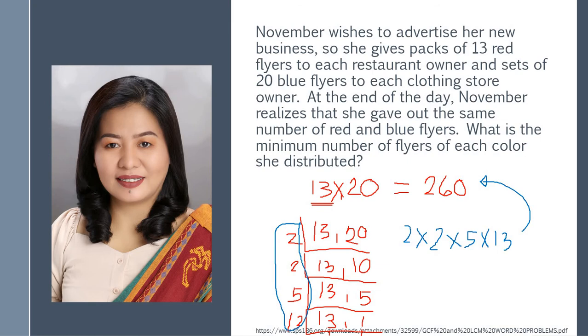So our answer is the same, whether we use a different method or not. But we have to be careful that you can only do this if one of the numbers in the given is prime. So November will have 260 flyers so that she can distribute it evenly to the different restaurant owners.